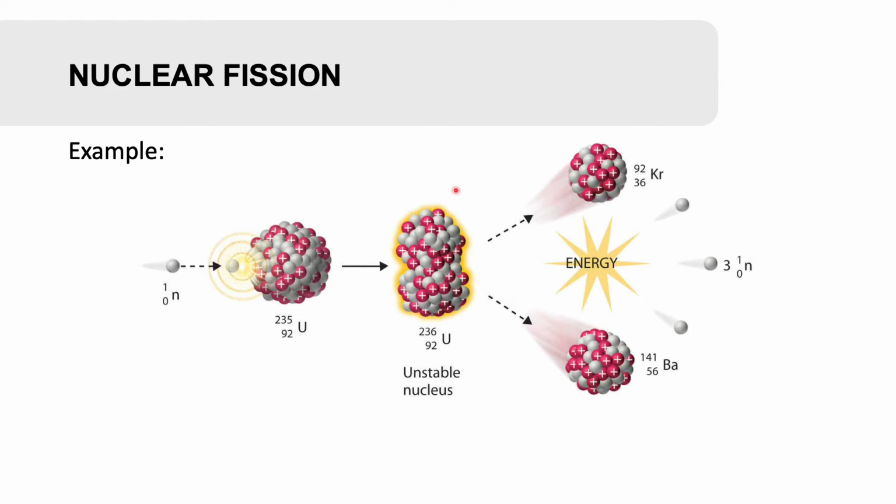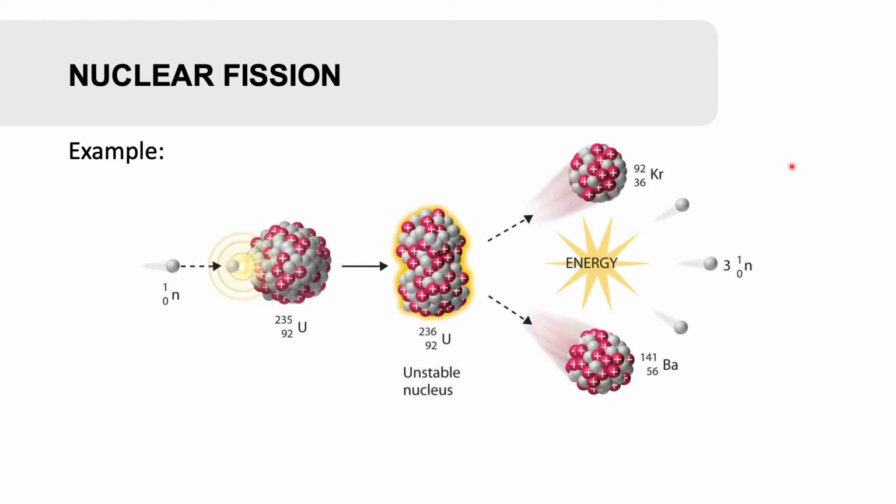So, this unstable nucleus of uranium-236 will subsequently be divided into two different smaller and lighter nuclei while releasing 3 neutrons as well as a large amount of energy. And the two produced nuclei will be the barium-141 and also krypton-92.